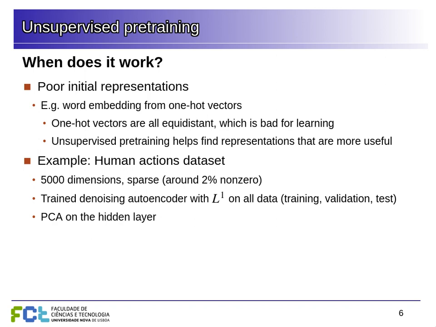This is a specific example from this human actions data set, which has 5,000 dimensions for the different actions, but in nearly all examples these are mostly zeros. Only about 2% of each example is not zeros.